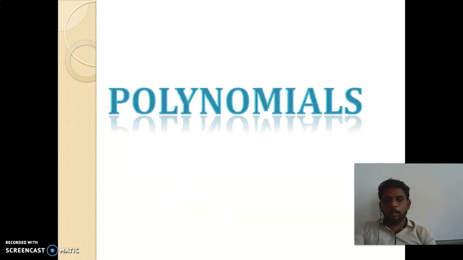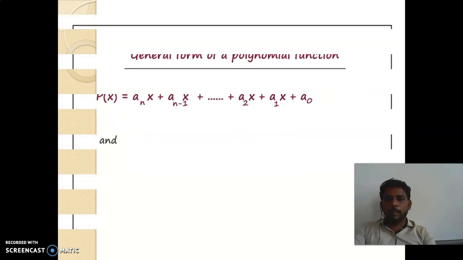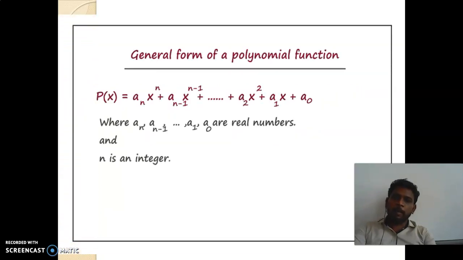Before going to that, let us recall what we have seen in the earlier classes. The topic is polynomial, and that is a general structure of the polynomial. This is useful to check whether the given expression is a polynomial or not. How can we check?